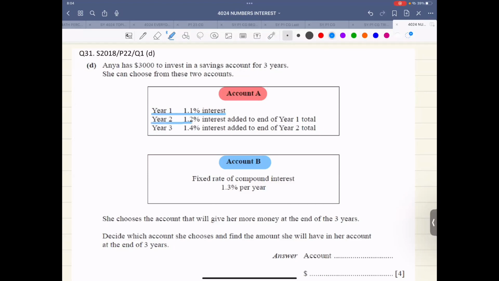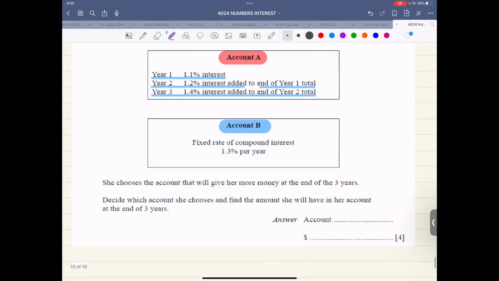Year 2, 1.2% interest added to the end of year 1 total. So this is a special form of compound interest according to this instruction. Year 3, 1.4% interest added to the end of year 2 total. What about account B? Fixed rate of compound interest 1.3% per year.